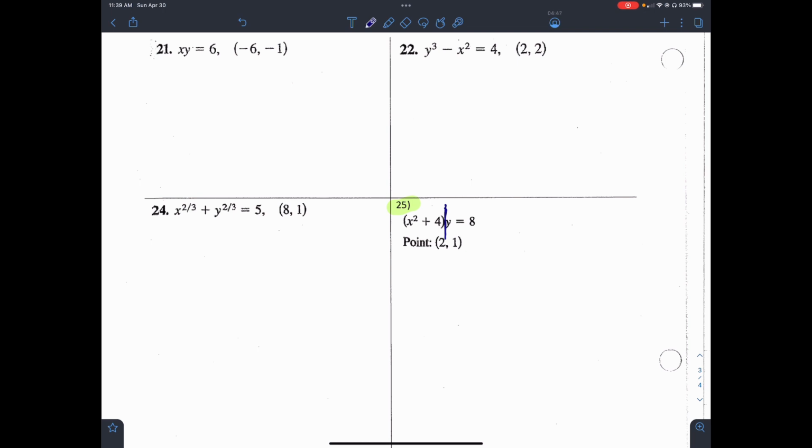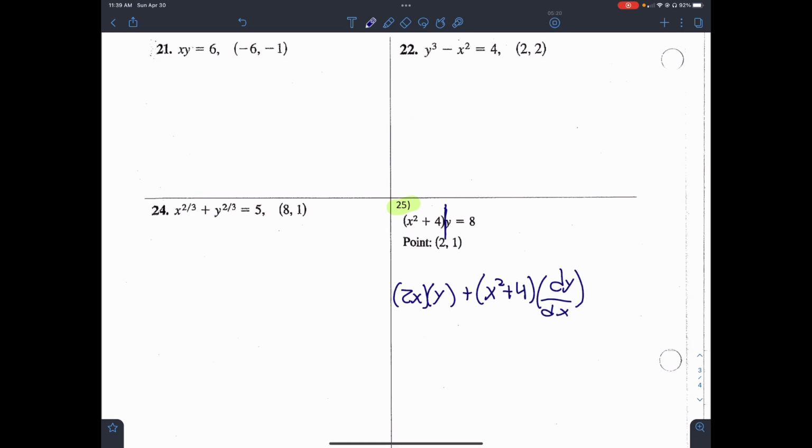So what we'll do, starting off, is say the derivative of x squared plus 4, which is 2x, times y, plus x squared plus 4 times the derivative of y, which is just 1, and then it would be dy over dx, like so.